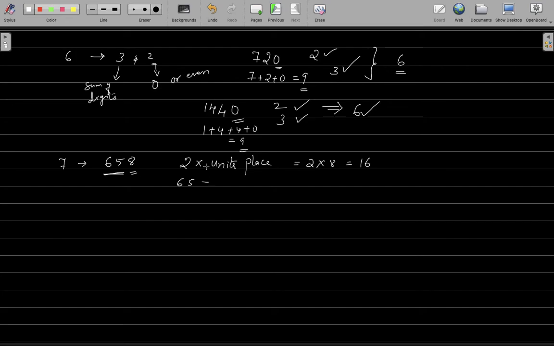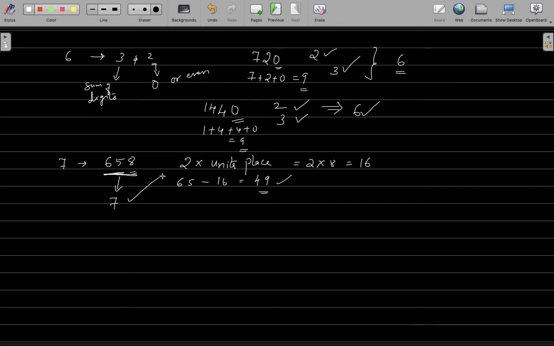I subtract 2 times the units digit, that is 16, from it. What is 65 minus 16? That gives you 49. Because 49 is exactly divisible by 7, you can say that this number 658 is exactly divisible by 7. Understand? So this appears a little cumbersome, but this is also quite an easy technique.